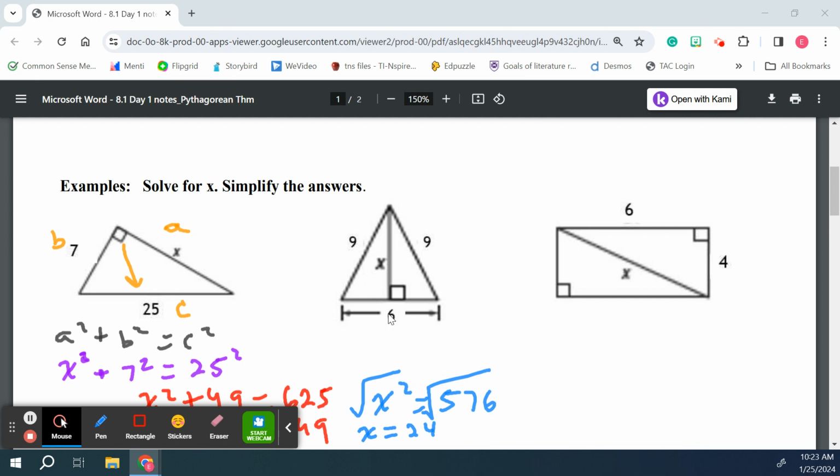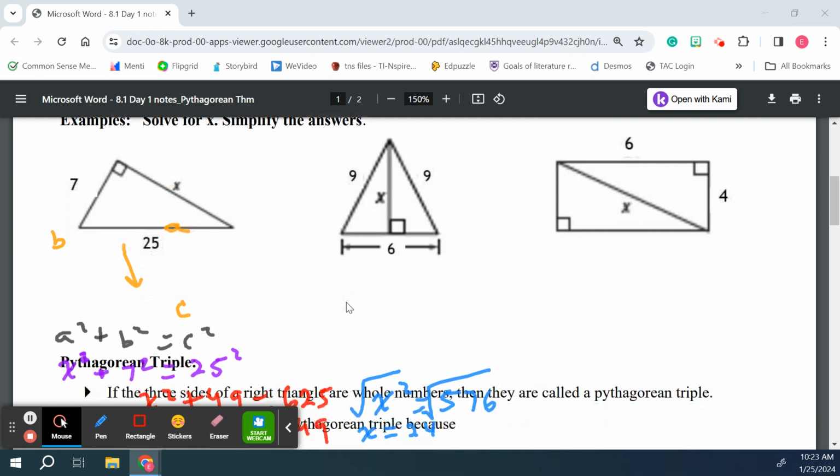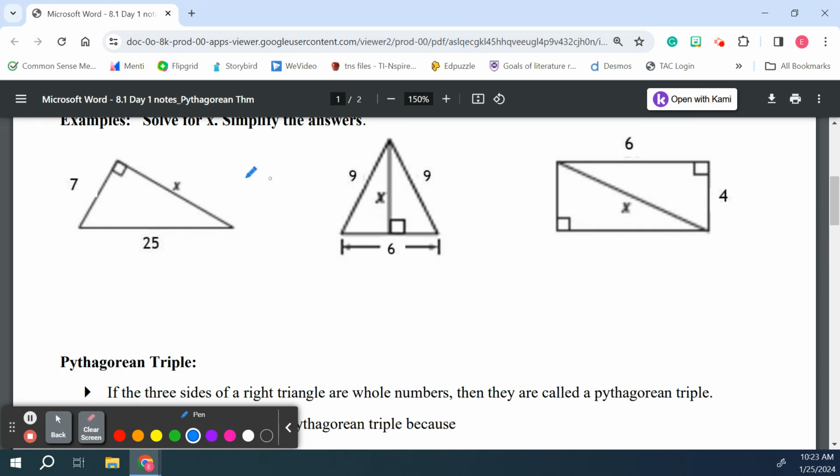All right, let's take a look at number 2. I am going to erase this. Now, looking at this, there's some things happening here. This is an isosceles triangle, and this is what we call an altitude. It goes from a vertex to the midpoint. With an isosceles or equilateral triangle, it will create a right angle, but it also creates a midpoint.